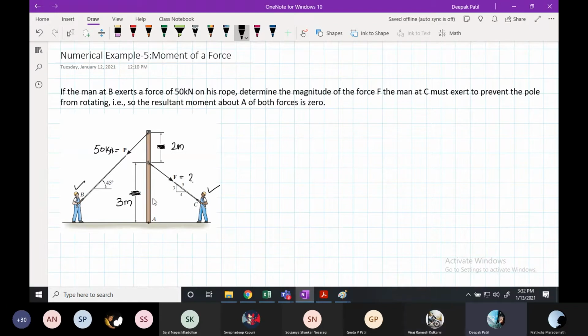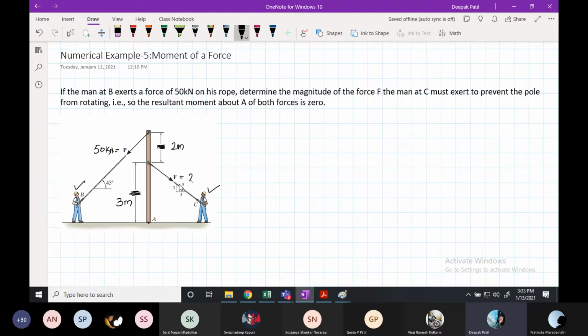It means the resultant moment at A should be 0. The pole should not rotate either in the clockwise or the anti-clockwise direction. It should stand straight and not rotate to any side. So what should be the force F? That is the question asked here.